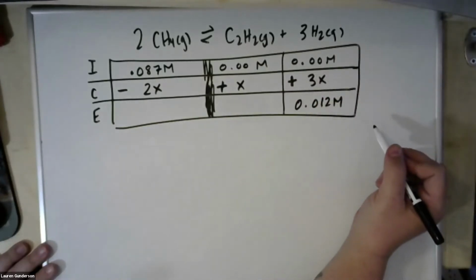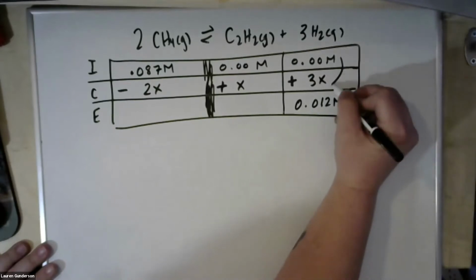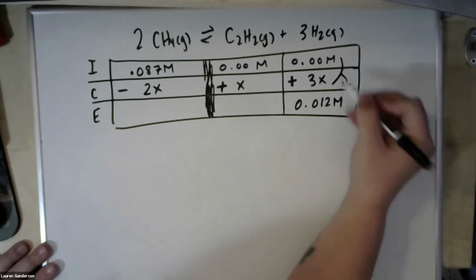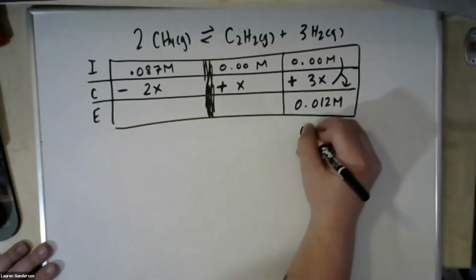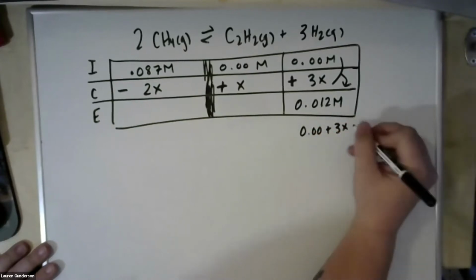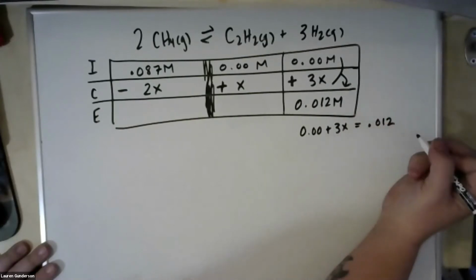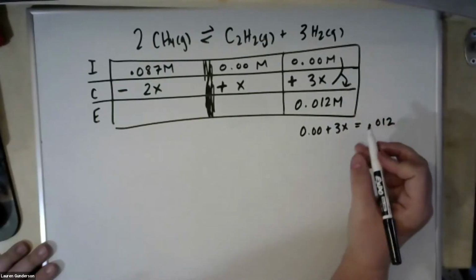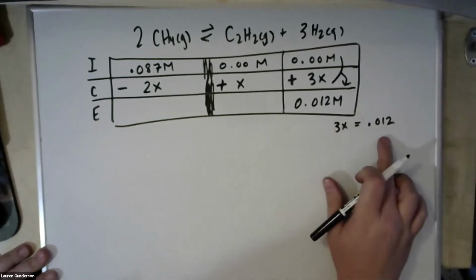Now we have to find the value of X using these pieces of information here. So we know that 0.00 plus 3x is going to equal this equilibrium value of 0.012. So that means that 3x equals 0.012.